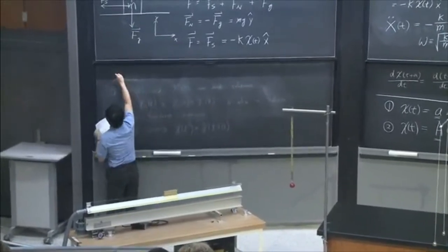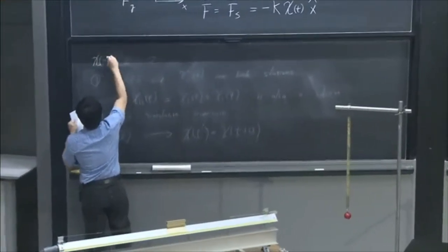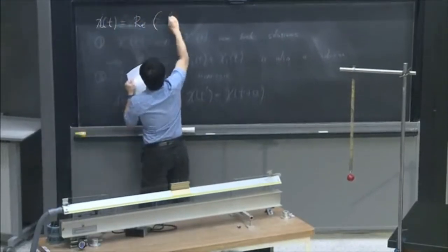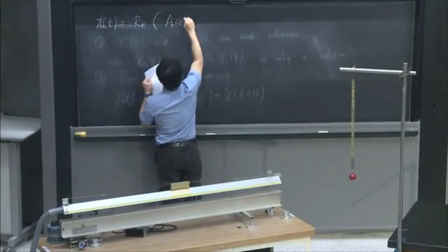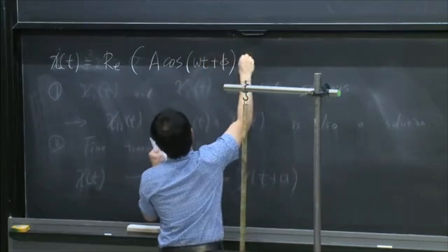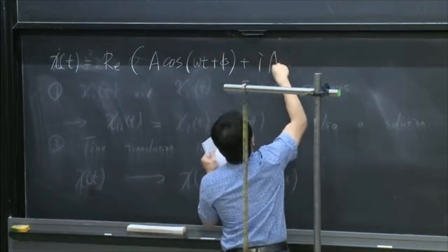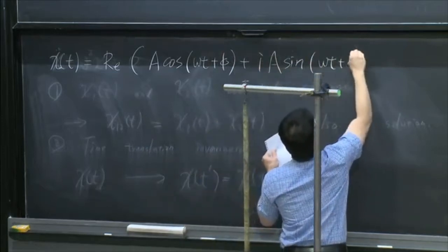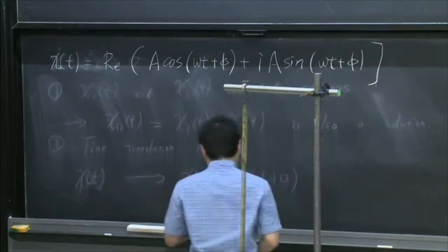So now I have x of t. This is equal to the real part of A cosine omega t plus phi plus i A sine omega t plus phi. Okay?